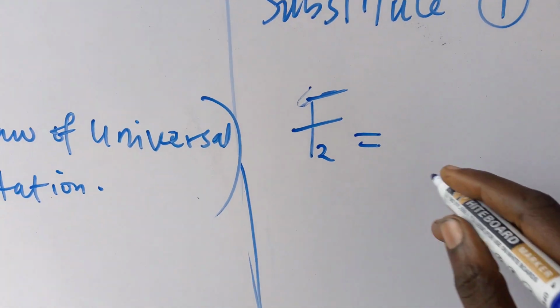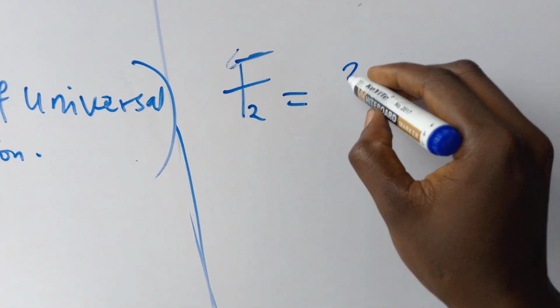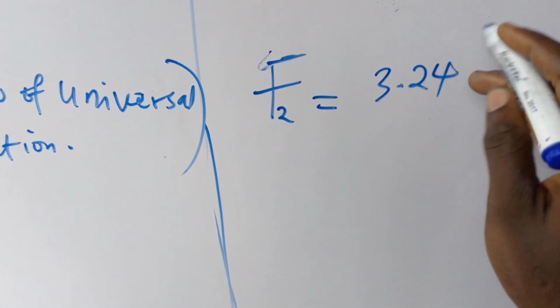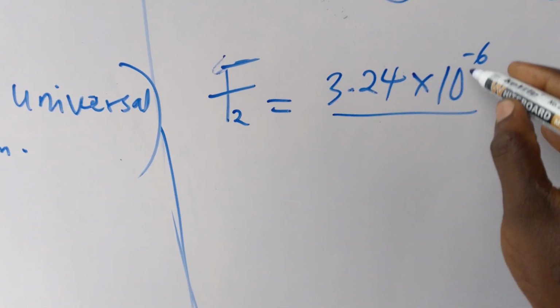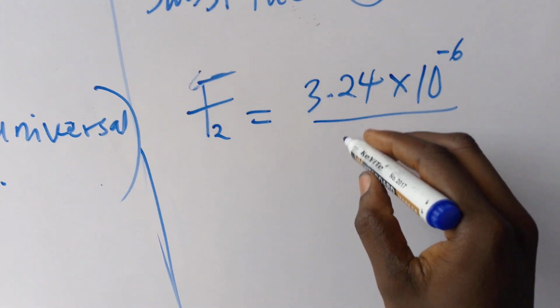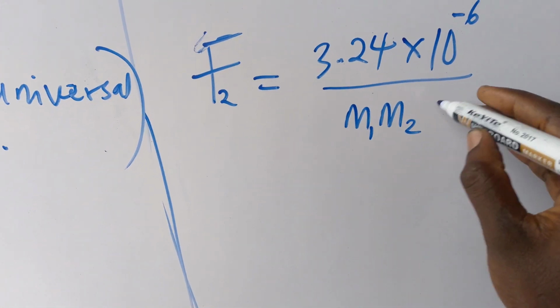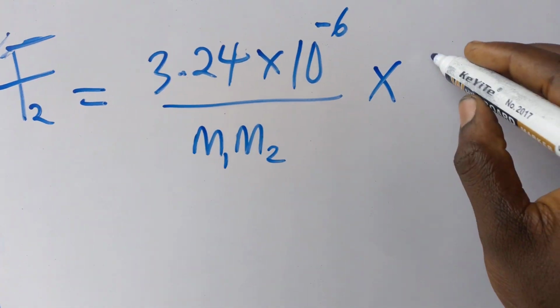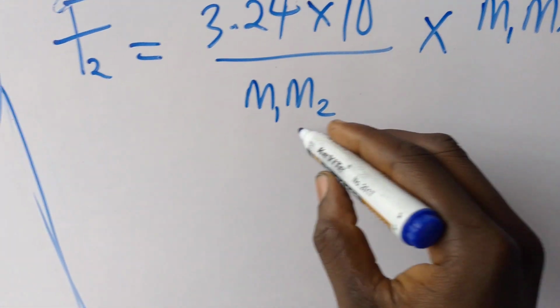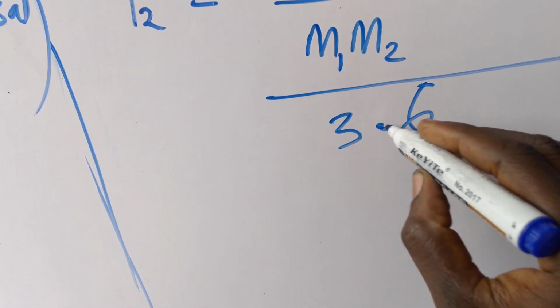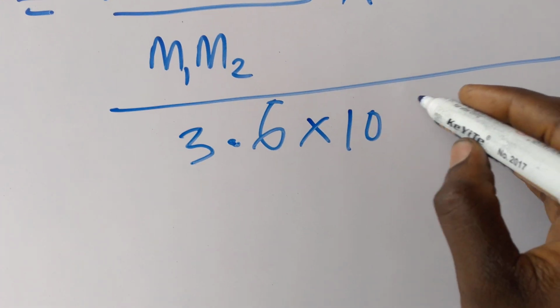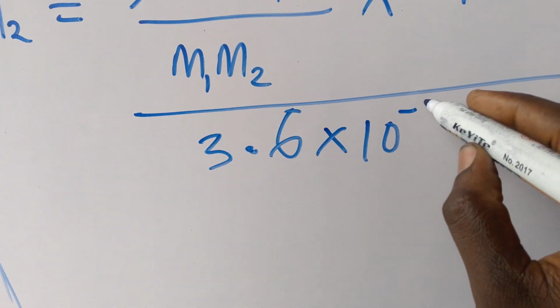equal to, in place of G I have 3.24 times 10 raised to the power minus 6 divided by M1 M2, times M1 M2, over 3.6 times 10 raised to the power minus 3.